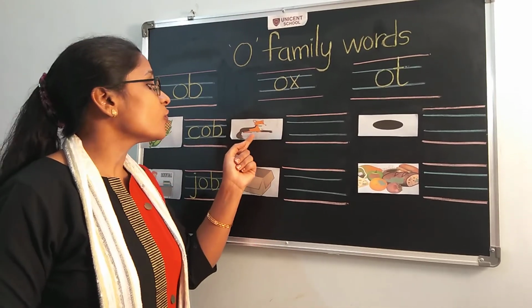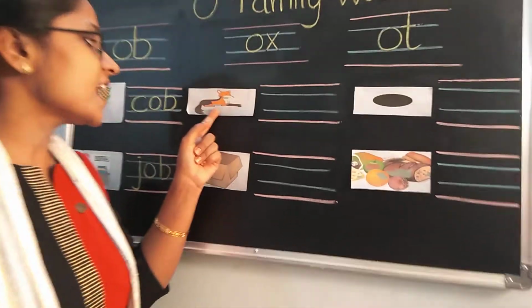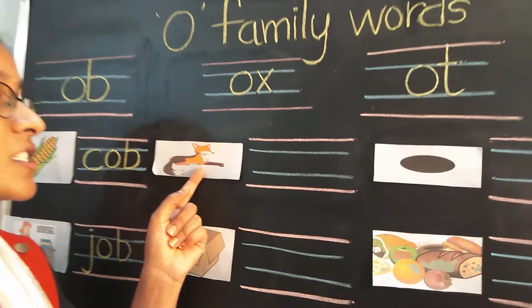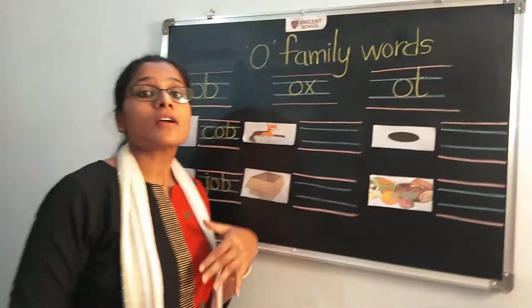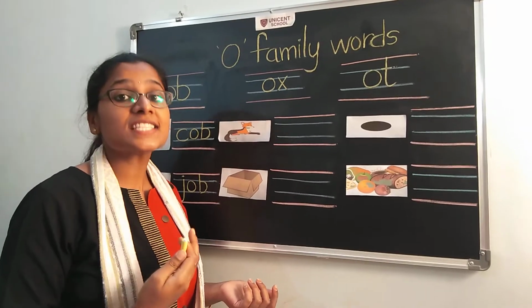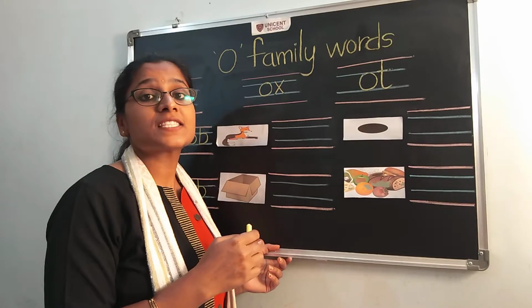The first picture here is fox. When you are saying the word fox, the starting sound is f. F makes the sound f.